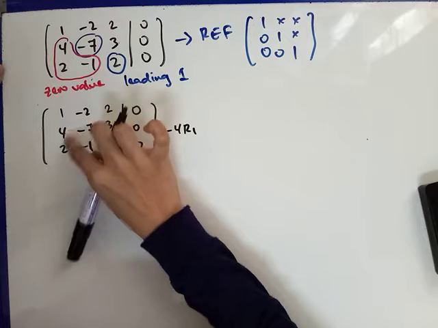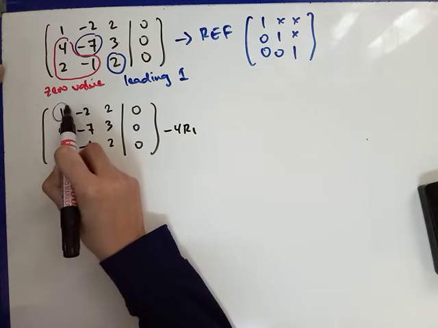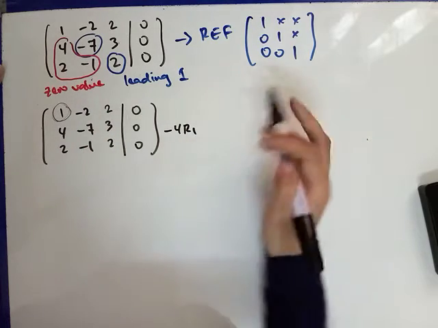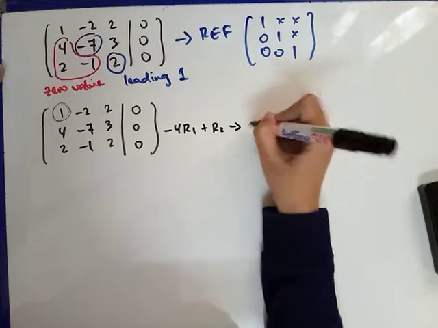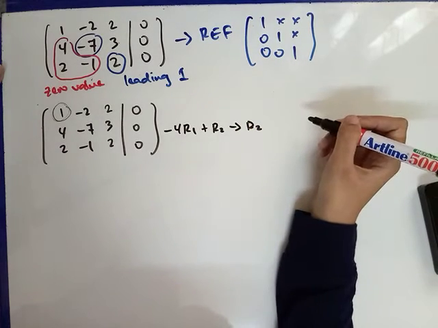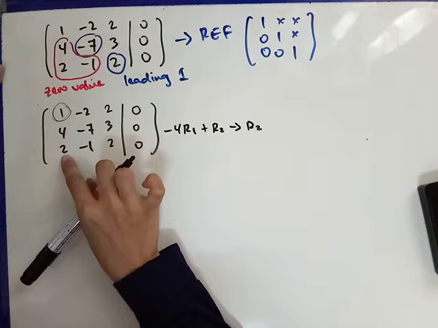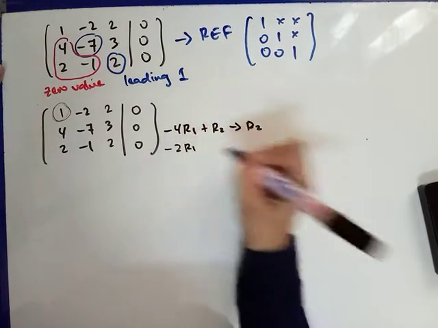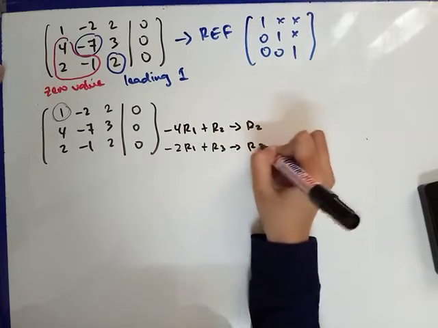We want to make it a 0 value, so we look at the leading one above it. So multiply with the first row, plus row 2, it goes to row 2. And then because this is positive 2, we need to multiply row 1 with -2 plus row 3, it goes to row 3.